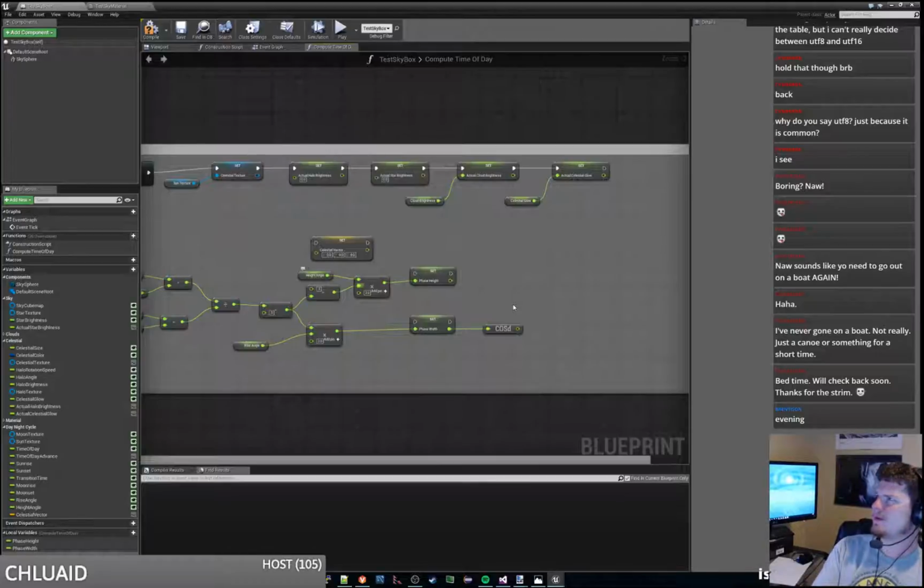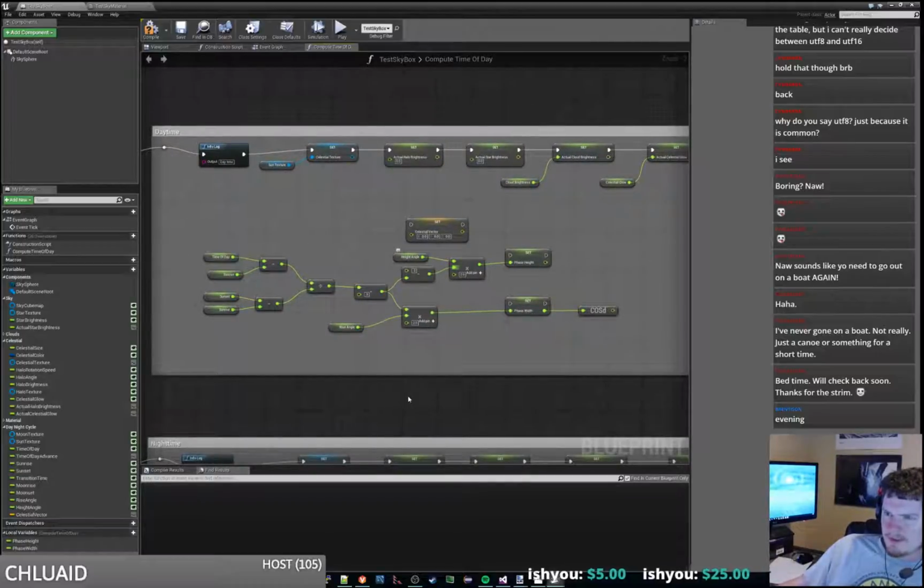Do we care about the cosine at all? I mean, this is going to go from a large angle to a small angle.